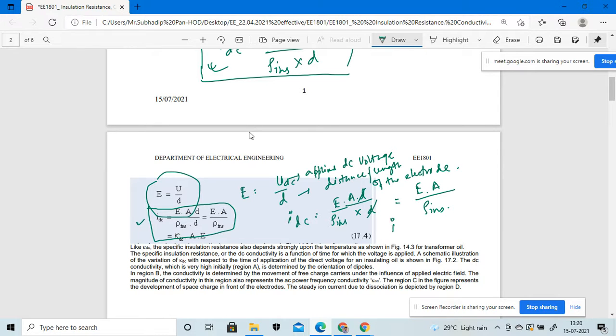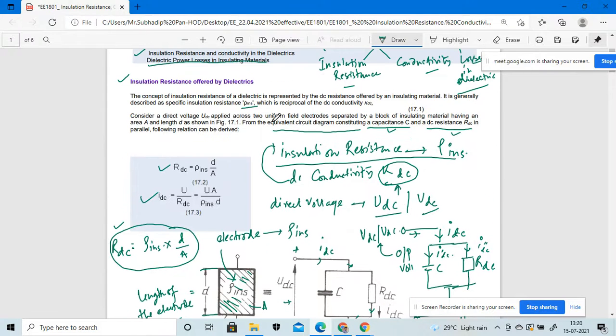I of DC is equal to K of DC into A into E. That is my equation, where A is the cross-sectional area of the electrodes, E is the induced EMF generated due to the current flow in the equivalent circuit, and KDC, as I already told, is the DC conductivity, which is nearly constant.